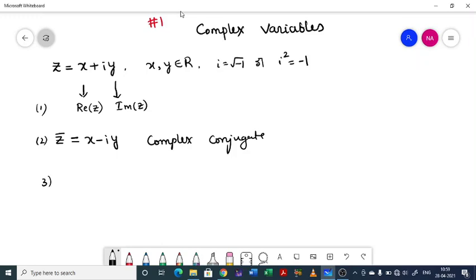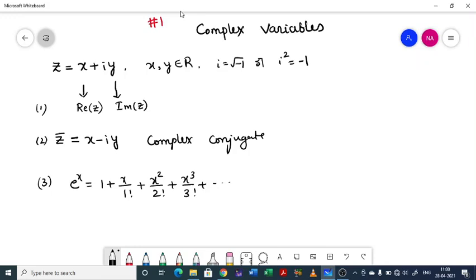The third point: by the Maclaurin series expansion of e power x, we have e power x equal to 1 plus x by 1 factorial plus x square by 2 factorial plus x cube by 3 factorial, and this goes on continuing. Generally the nth term will be x power n by n factorial.